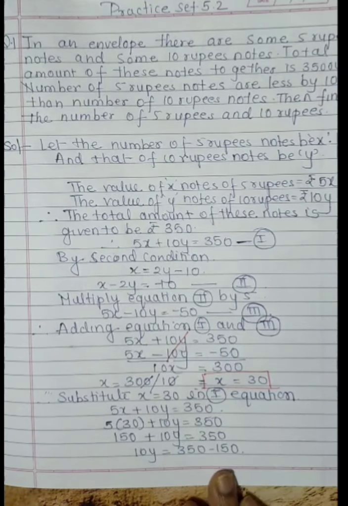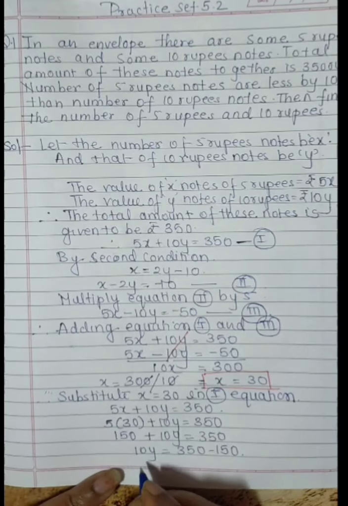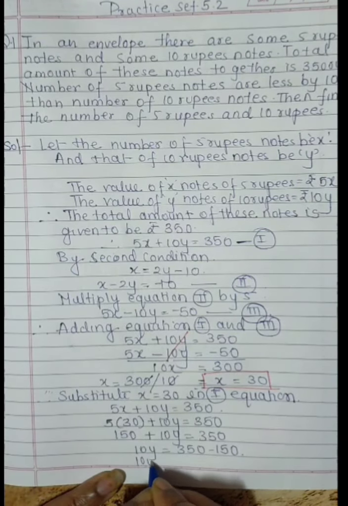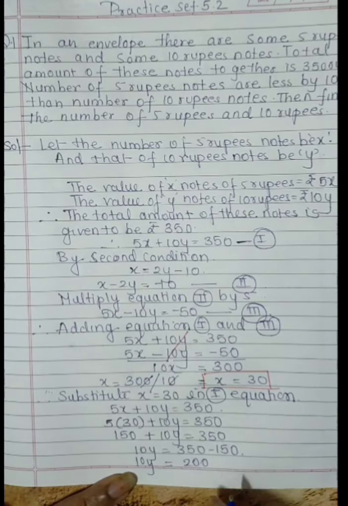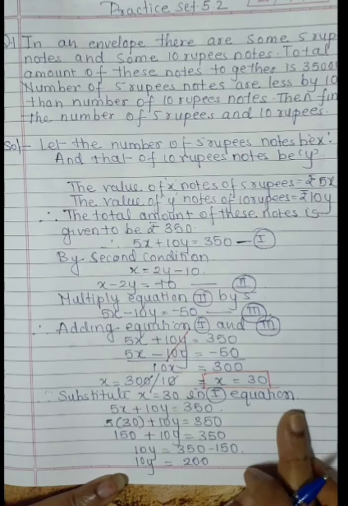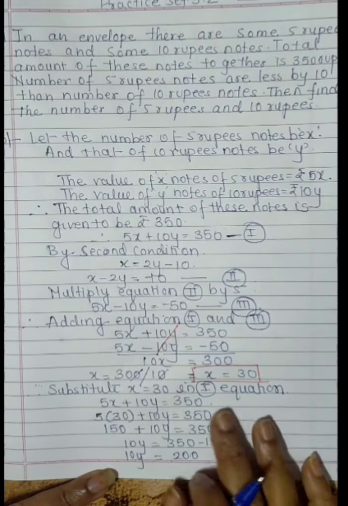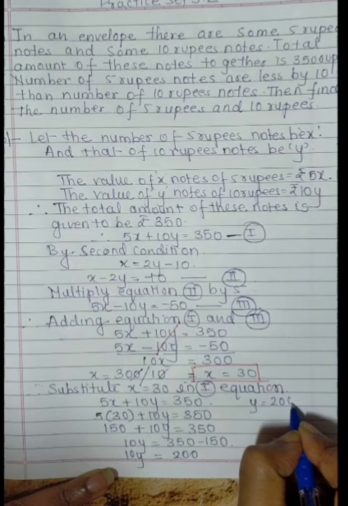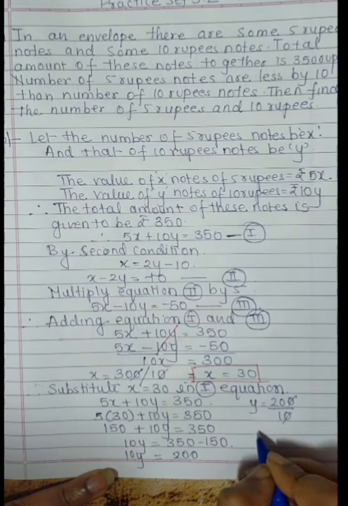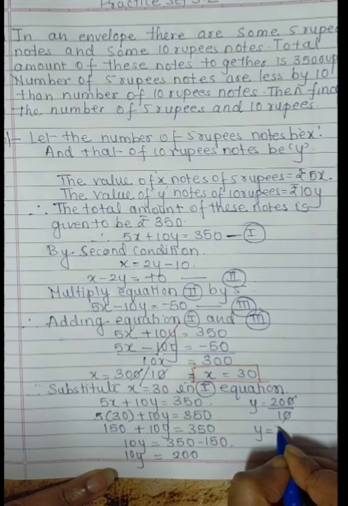I hope it is visible. Now after 10y equal to, we'll get 200. I hope it is visible. Now here y is equal to 200 upon 10. Then we'll get y value as 20.